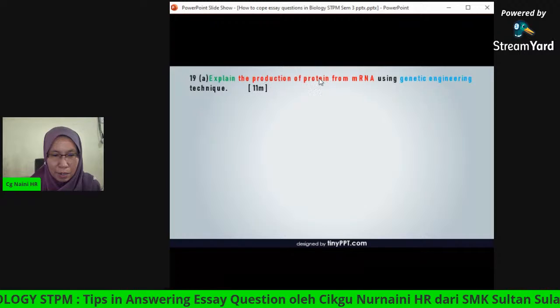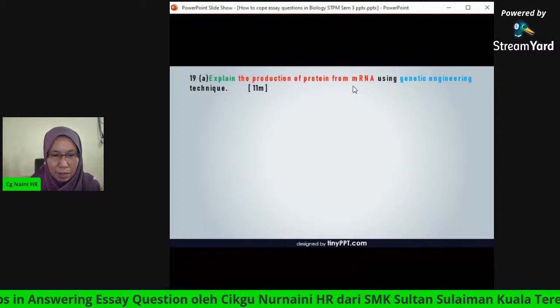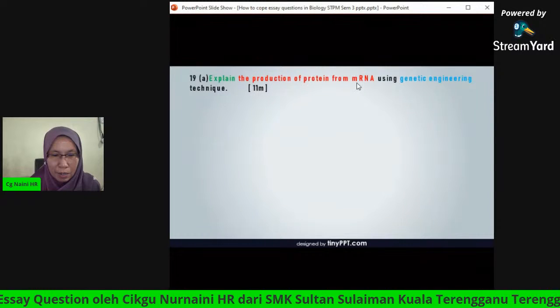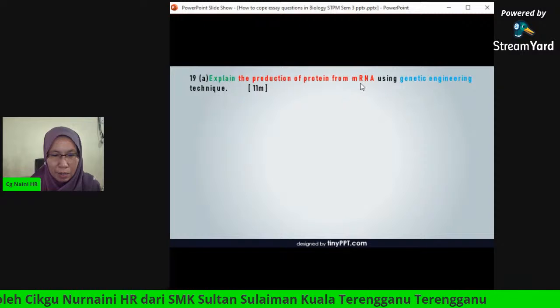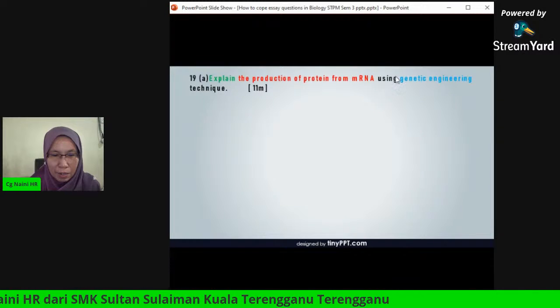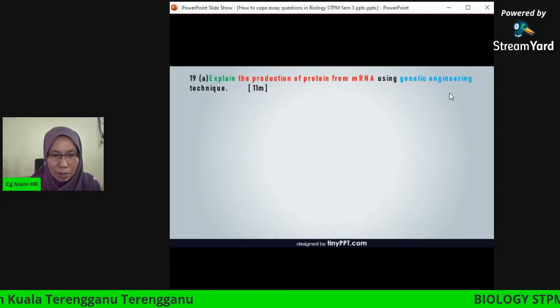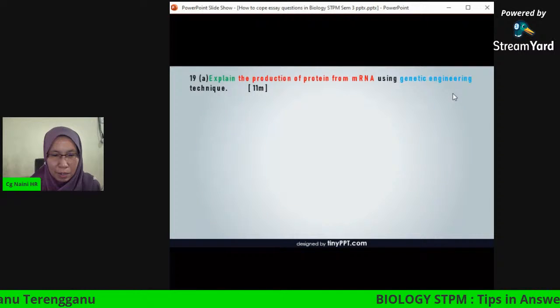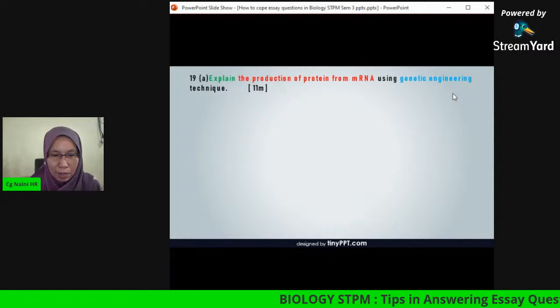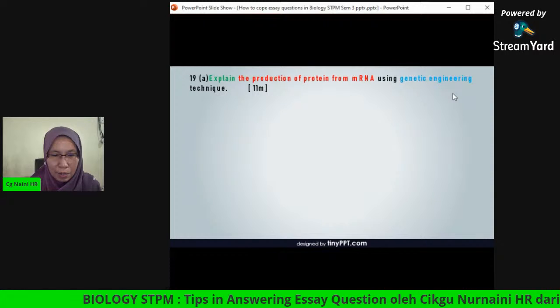The production of protein from mRNA, maybe you think of protein synthesis. Is that right? But you see another point: using genetic engineering, that means using gene technology. So that means the production of protein from mRNA is the cloning process.